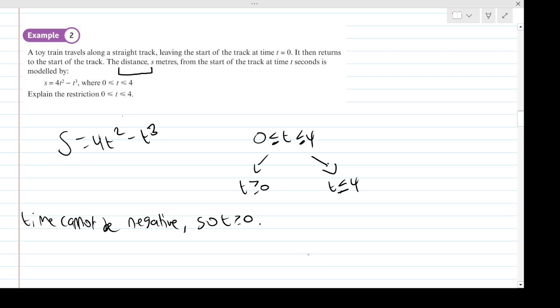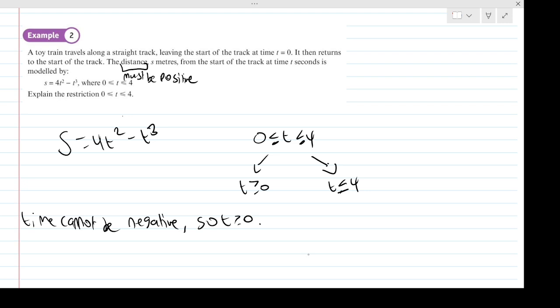And you need to remember that distance must be positive, because distance only tells me how far I've walked. It doesn't care about how far I've walked in relation to my starting point.